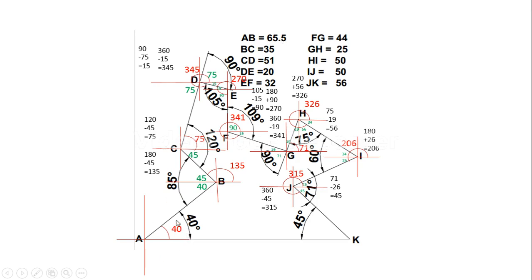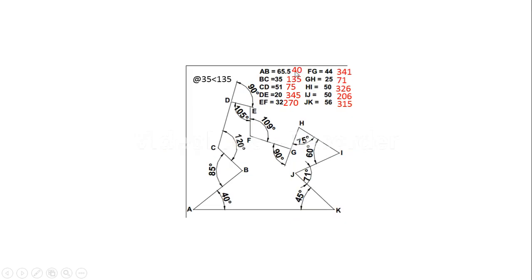I wrote 40 for angle A, next 135 here, 75 here. So in the next slide, to ease yourself, I wrote these angles. These are the findings. Let's keep them aside.